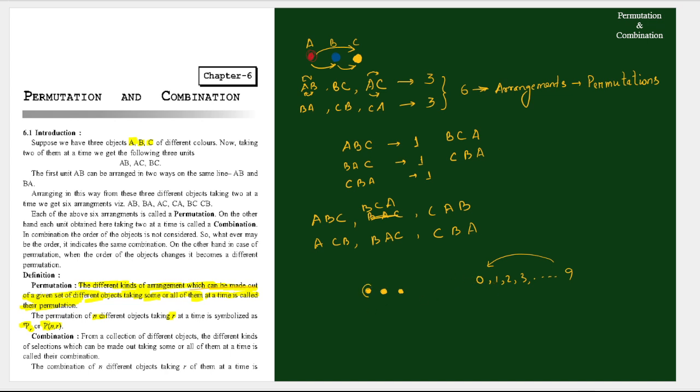This one, the first place, has the possibility of how many? Choosing from all these 10 numbers. Then again, here also you have the possibility of how many? 10 digits. It can be repeated, right? People can repeat.